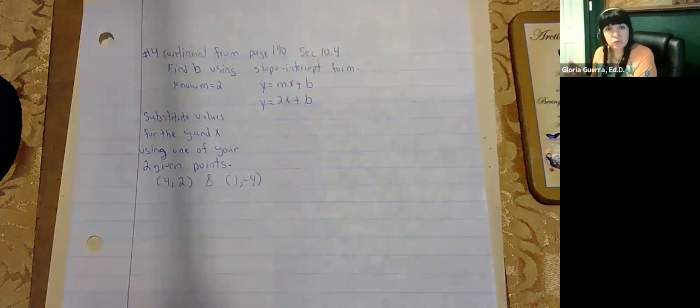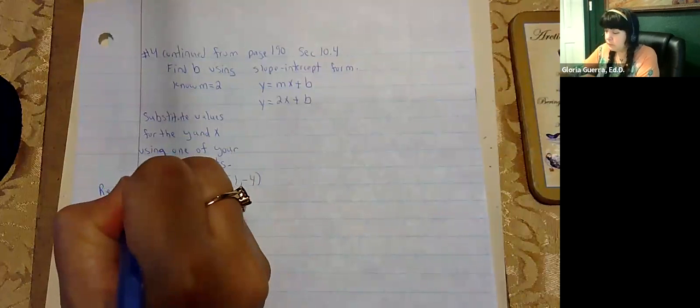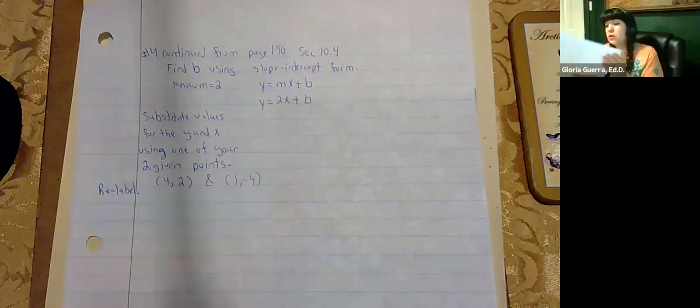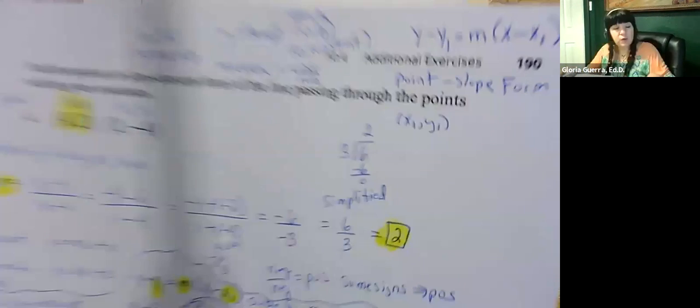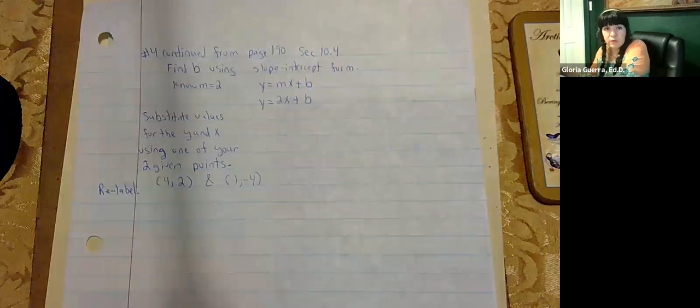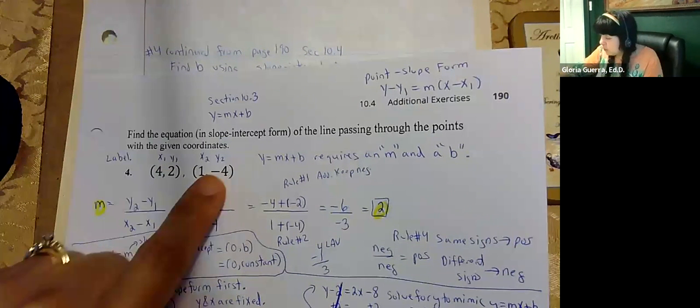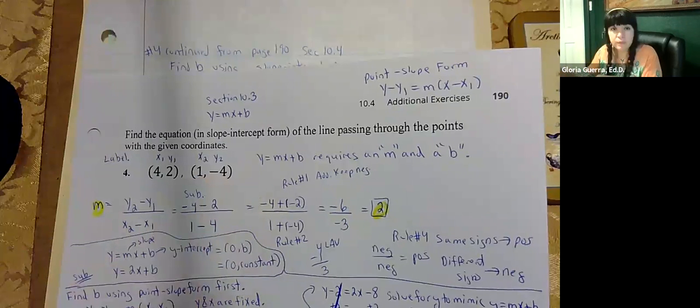And what you do is you just relabel. Okay, because over here you were calling it x1, y1, x2, y2, so you could find this formula. So you just relabel and you just call it now x, y.